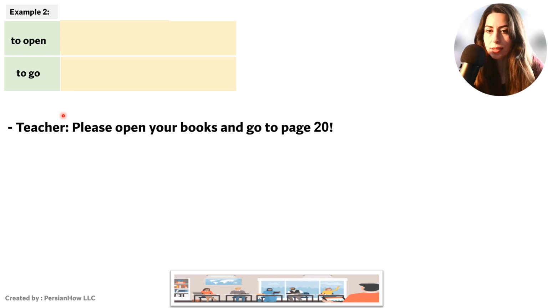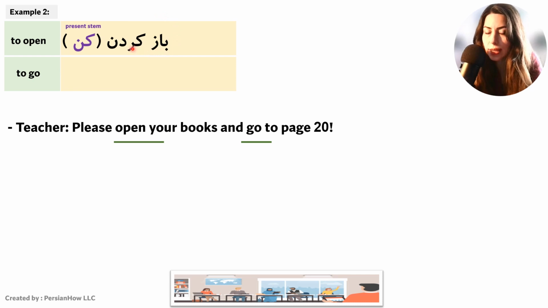Now the second sentence. So here the teacher is telling the students, please open your books and go to page 20. The first verb is to open, the second verb is to go. So to open in Farsi is باز کردن. باز کردن is a transitive verb, right? We have a direct object. What is the direct object?